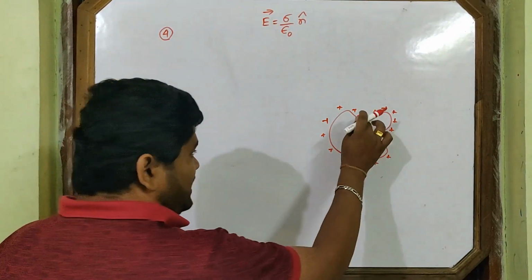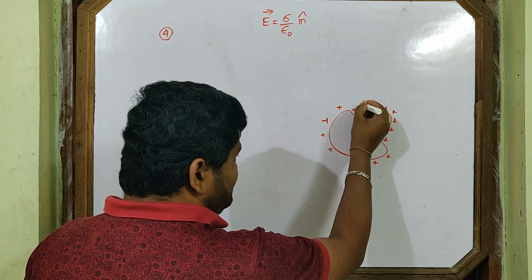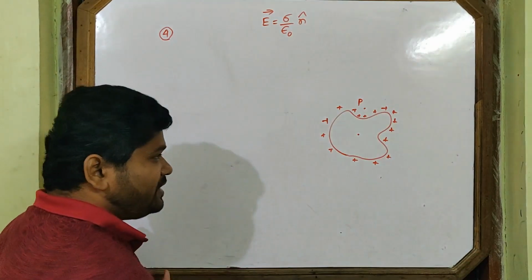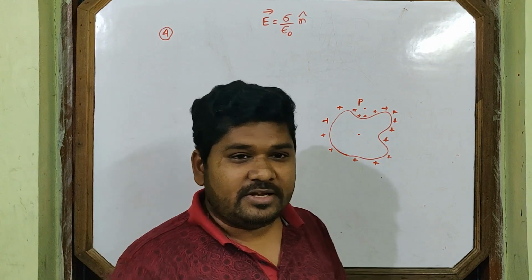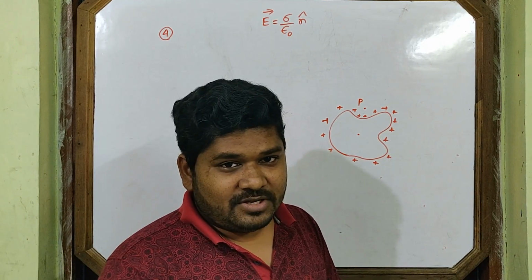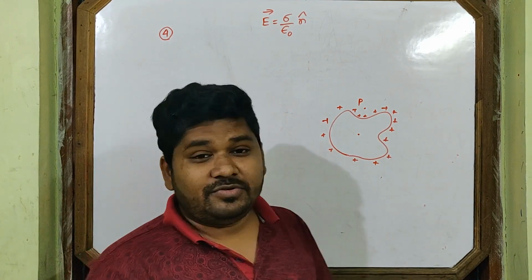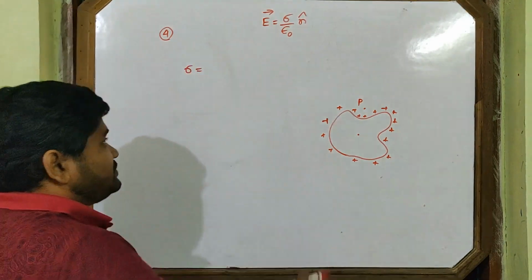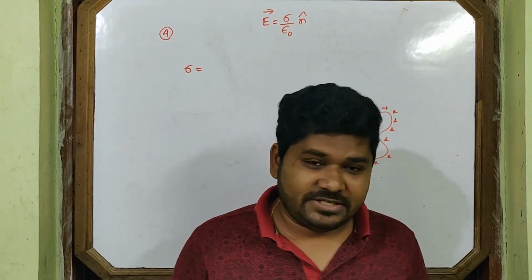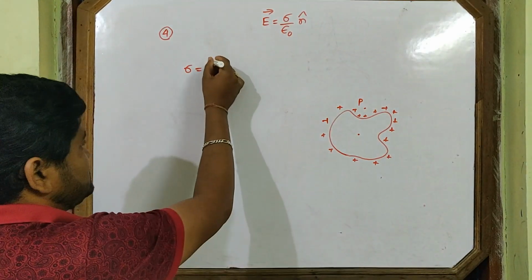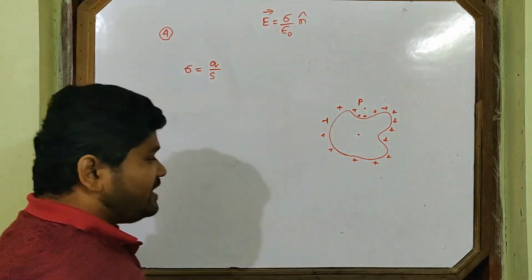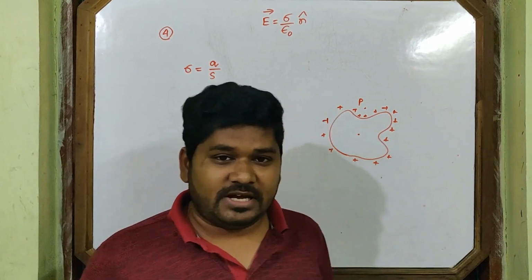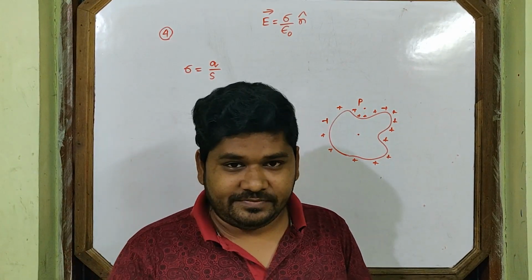I am considering a point P here, and I will find the electric field at point P. Sigma is the surface charge density. It means sigma is Q by S: if we consider S surface area and charge Q there, then Q by S.